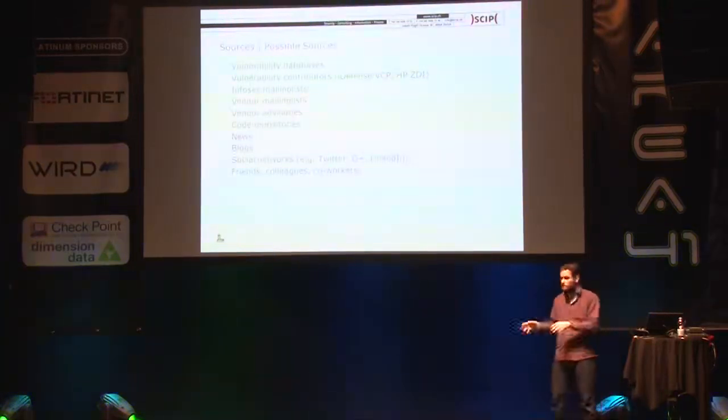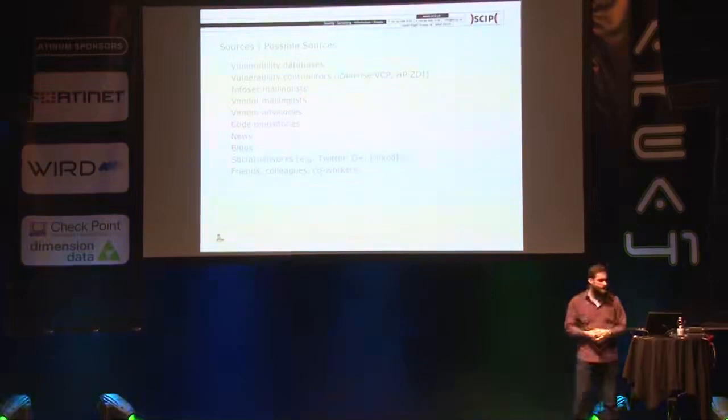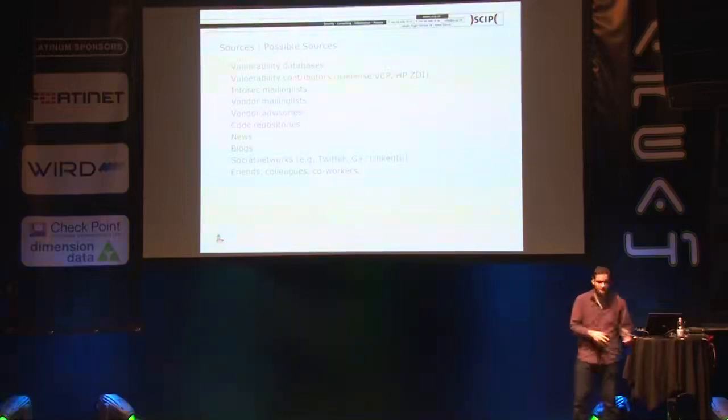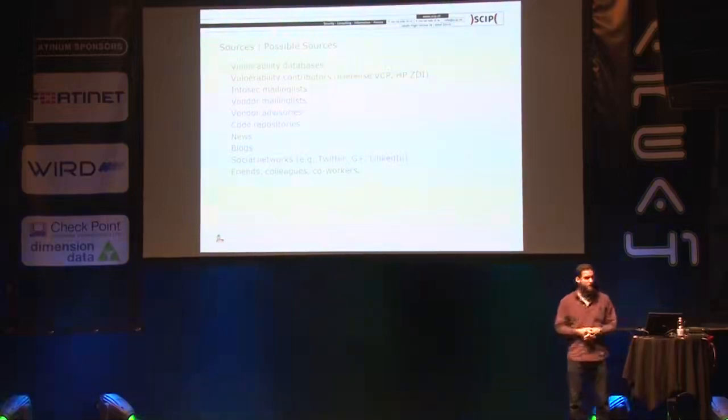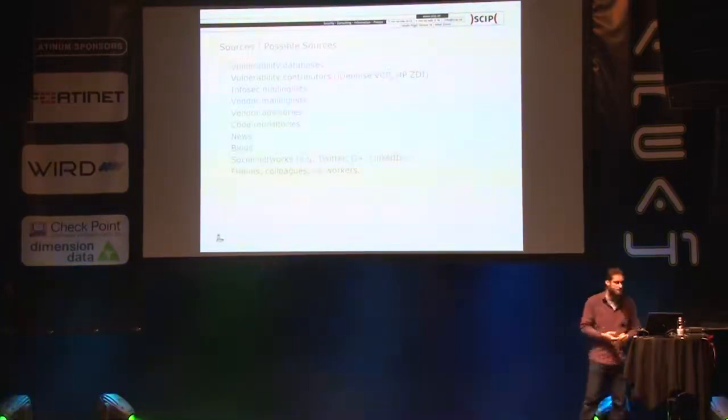So where do you get information about vulnerabilities? I think that's nothing really new. You have vulnerability databases, you have contributors like CDI, you have a lot of mailing lists, InfoSec mailing lists like Bugtraq and Full Disclosure, or you have advisory vendor mailing lists, which might also include vendor advisories.